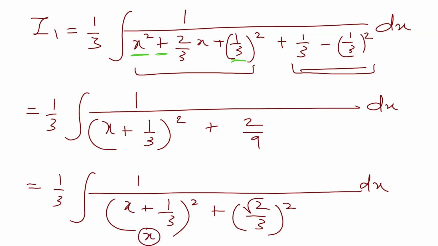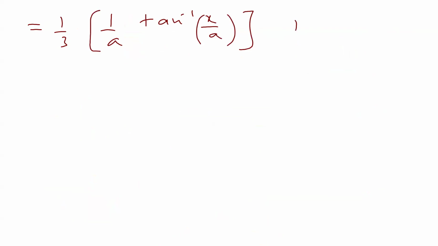So this is x and this is a. 1 upon x square plus a square is 1 upon a tan inverse x upon a. So I'll just write the next step. This is 1 by 3, 1 upon a tan inverse x by a plus c1.